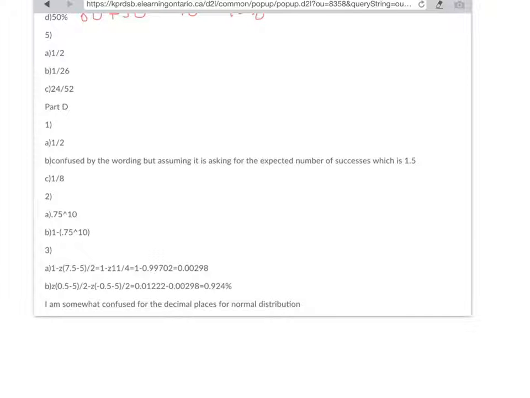Okay, for part D, question 1, okay, so you're saying that you're confused by the wording there. Yeah, that wording is a little tricky. I think what they meant there was the probability of success on the first flip for 1B. All you need to do here is tree diagram or list your outcomes either way, like tails, tails, tails, heads, heads, heads. There's 8 outcomes altogether, and all you need to do is count the appropriate number out of the total of 8 to find these probabilities.